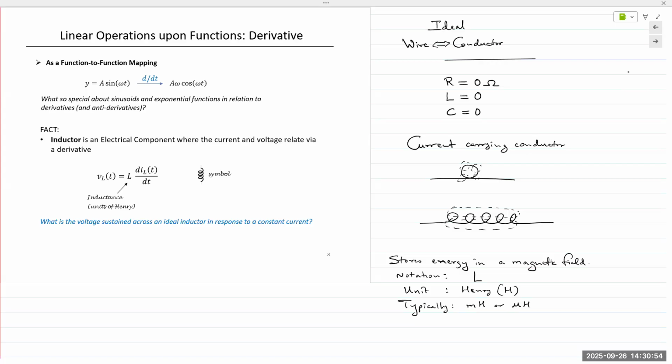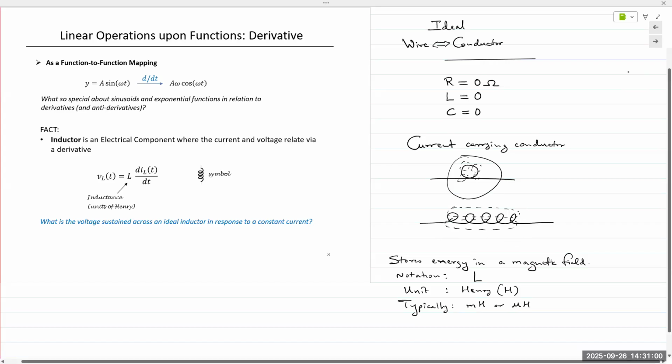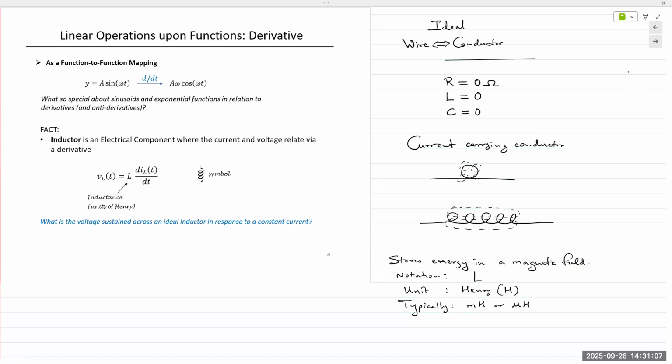So the question being asked was, what were these dotted lines, these dotted circles? And the answer is they represent magnetic flux lines. The magnetic flux lines altogether are the magnetic field. That's the answer.